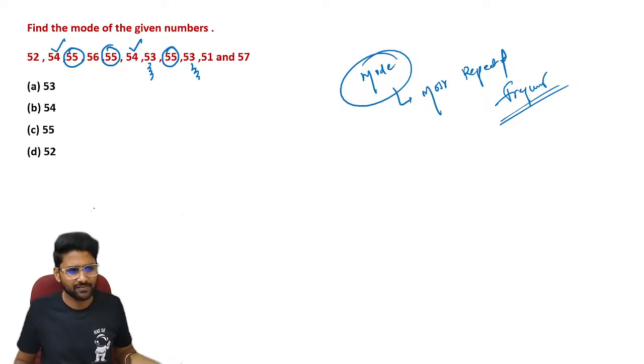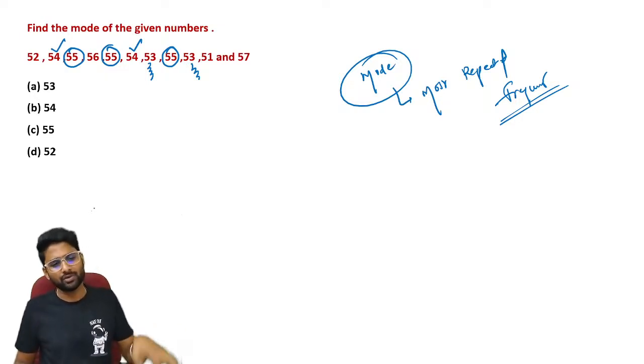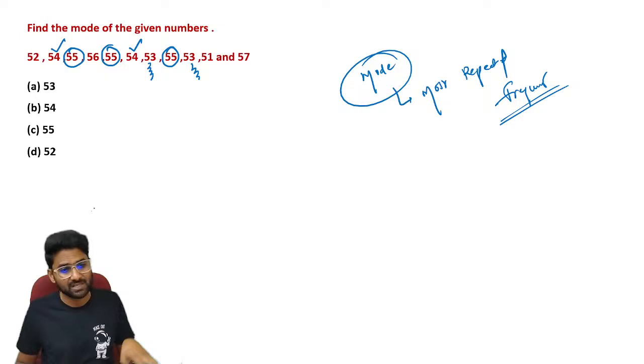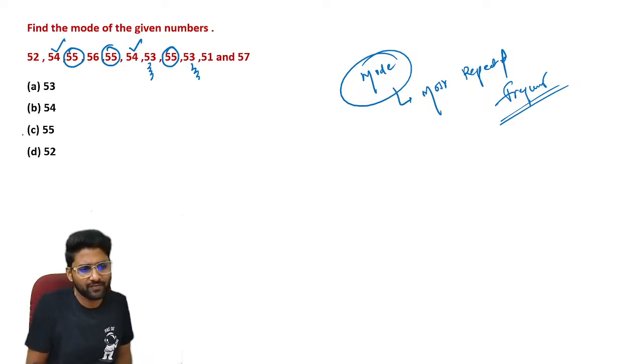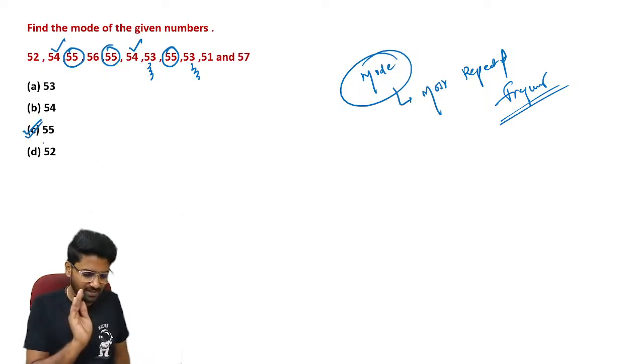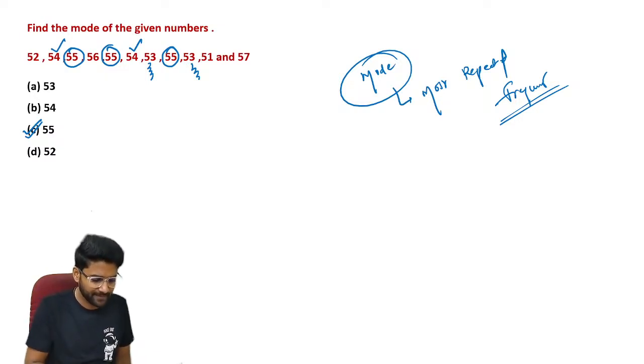If you observe, 55 is repeated 3 times, 54 is repeated 2 times, and 53 is repeated 2 times. According to the concept of mode, you have to consider the most repeated frequency. Most means 55 is repeated 3 times, so consider that option. So the mode for this question is 55.